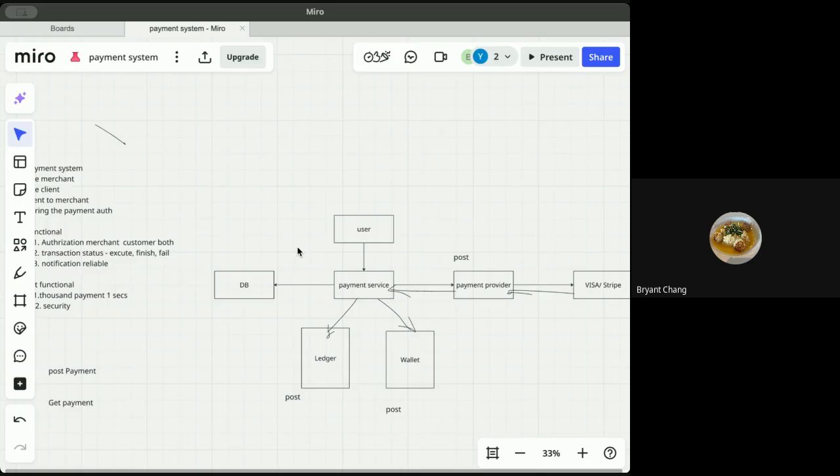So how do we manage the authentication between the user and merchant? I mean, which components will handle that?